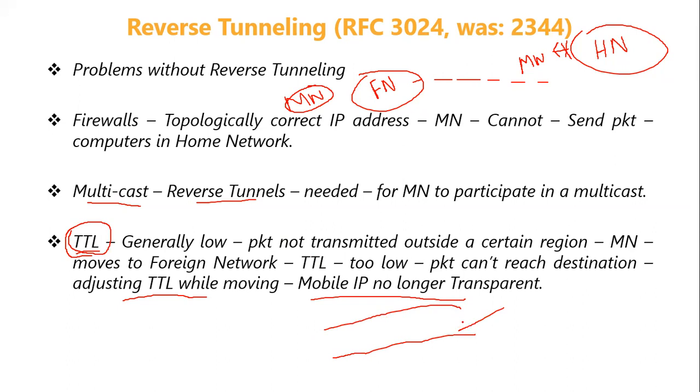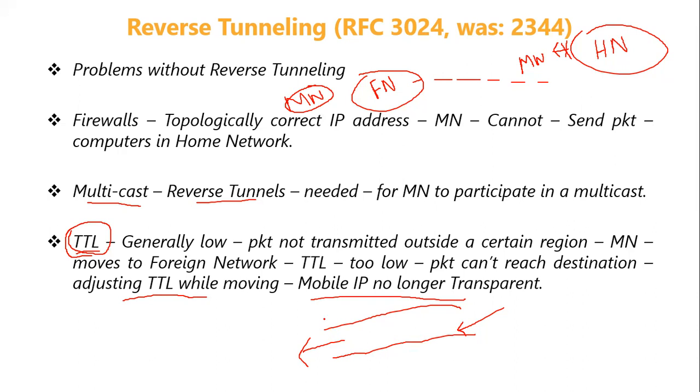Whenever a packet passes through the tunnel and comes out of the tunnel, it is just considered as one hop. Actually, it may pass through hundreds or thousands of nodes through the tunnel, but logically, it will be counted as only one hop. So reverse tunneling will solve this problem also.